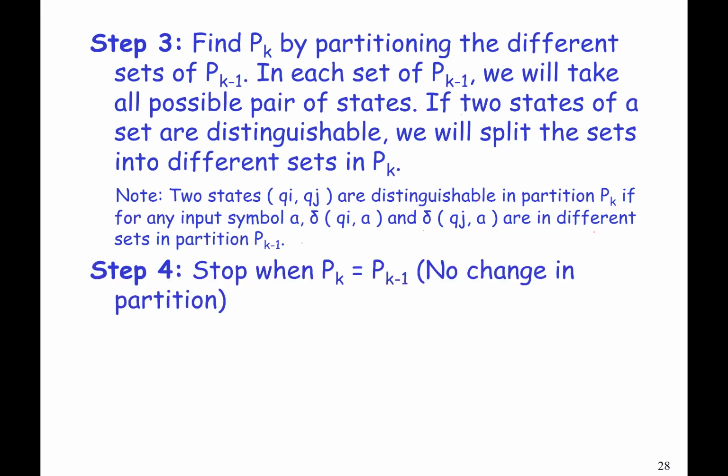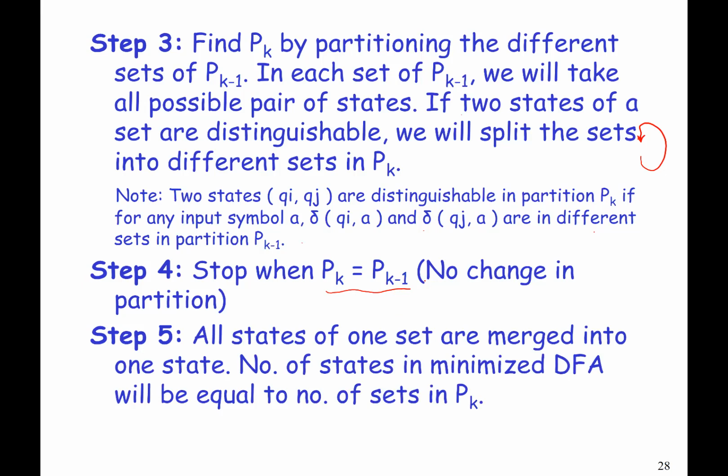And it's an iterative process. We keep repeating this till the partition pk is finally refined enough and no changes occur in the partitioning process. So pk equals pk minus 1, and then you stop at that.